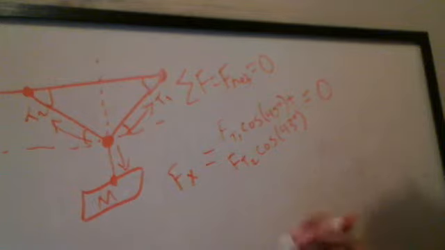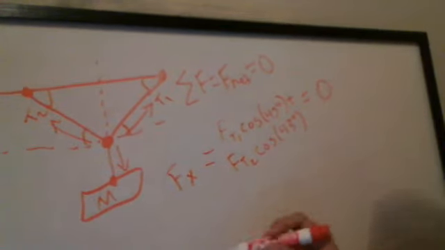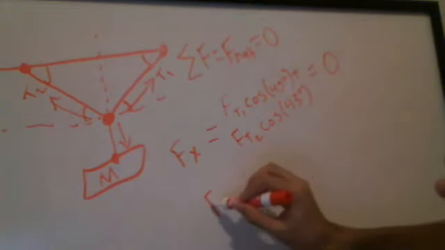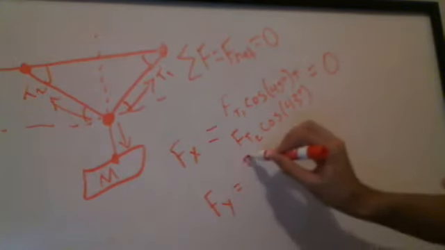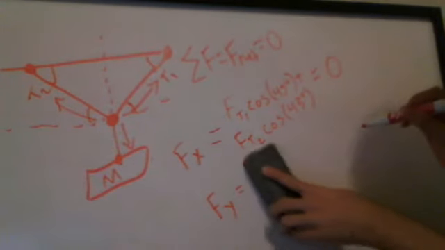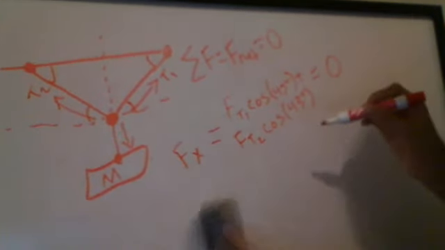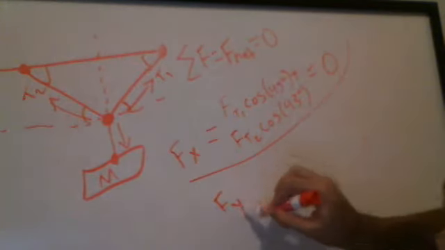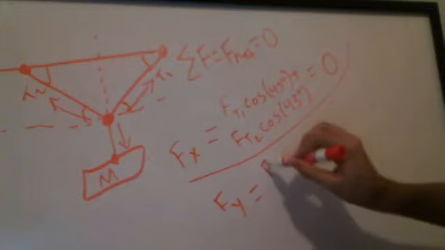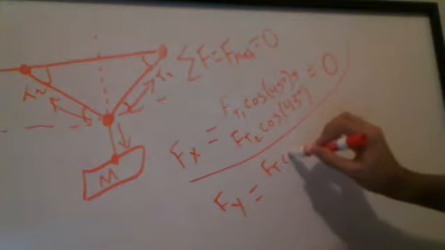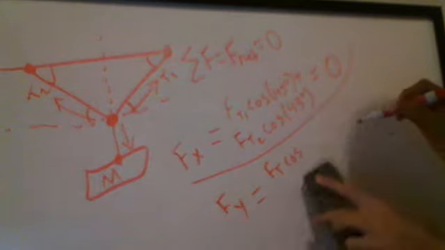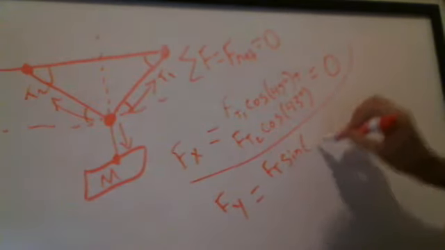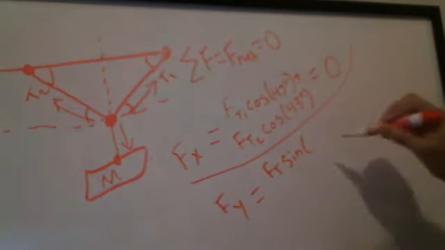And also, long story short, F of y is equal to, let me make that bigger for you, and separate from this, F of y is equal to FT1 cosine, oh sorry, sine, y is sine. It's like midnight right now.